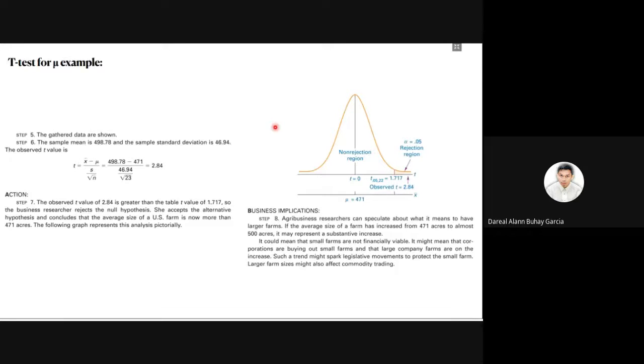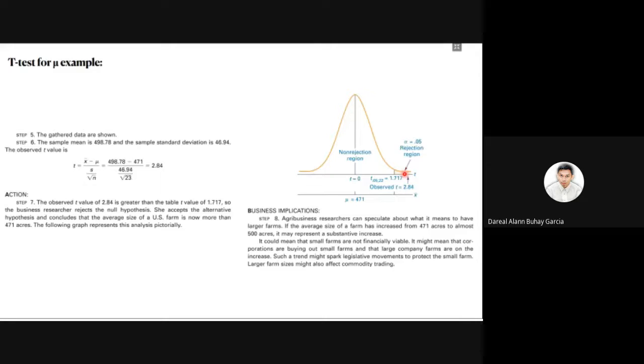After gathering the data, computing the sample mean and the sample standard deviation, and plugging everything into our formula, we obtain an observed t-value of 2.84. Where is 2.84? It's above the 1.717 critical value.